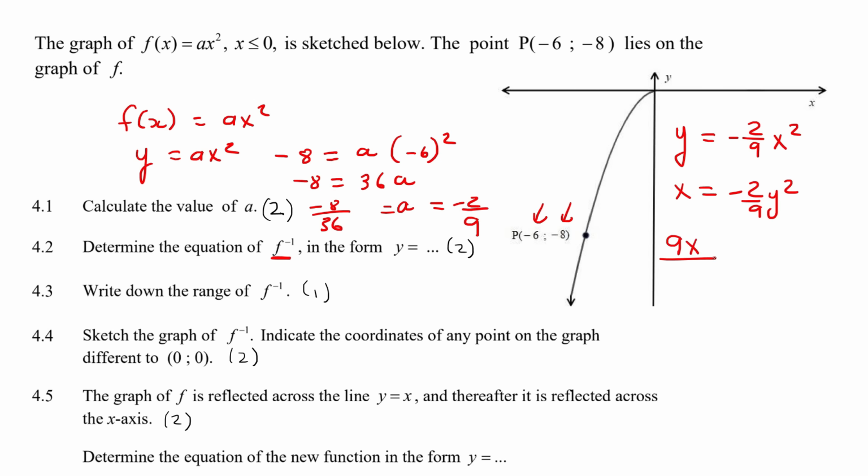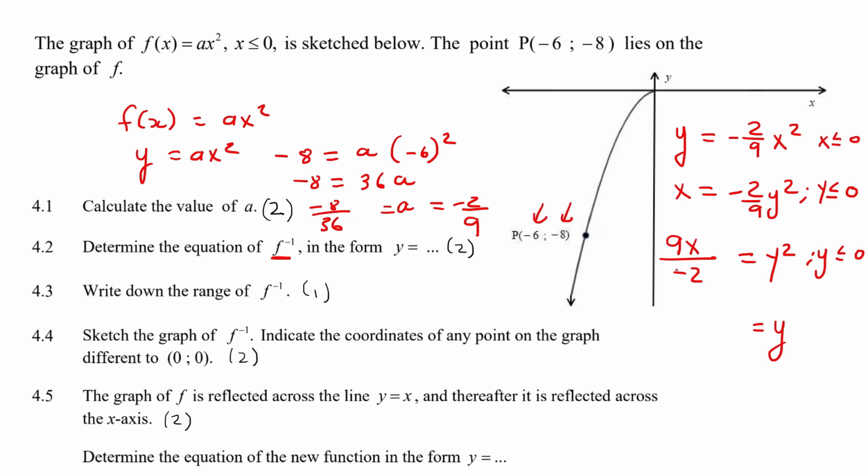So you could say like that, okay? Equals y squared. And then to get the y alone, you would obviously take the square root. Oh, and then I'm forgetting about the restriction. So because we had x is smaller than 0 over here, then because we switch x and y around, we should have a restriction that says y is smaller than 0. I do see, though, that on a lot of the memos, if you forget to put this part, they don't penalize you, okay?